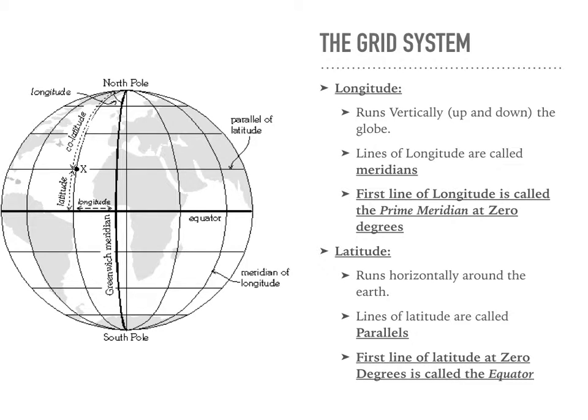Yes, both prime meridian and equator are at 0 degrees, but you have to remember that one's longitude, one runs north to south, and one's latitude, and it runs east to west, so they can have both 0 degrees. So remember, latitude, parallel, equator. Longitude, meridians, prime meridian. So those are the things you need to know about the grid system.